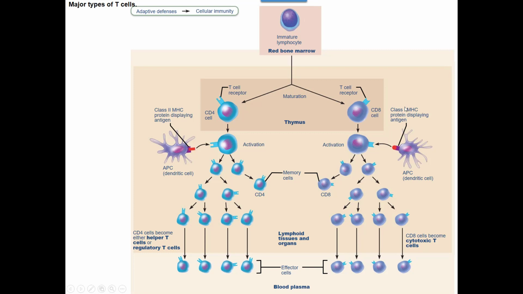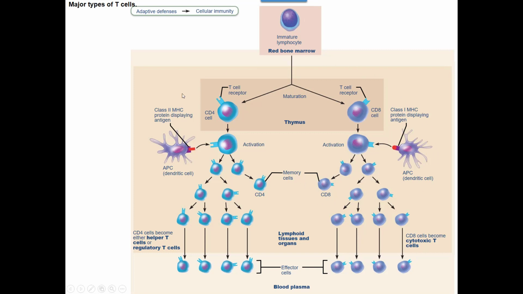It's presenting this fragment, this little red thing, to what's going to be a cytotoxic cell. It's going to attach to it, it's going to activate it, and you're going to have that clonal expansion. Lots of copies of itself, lots of cytotoxic cells, and if they don't become additional cytotoxic cells, it becomes a memory cell.